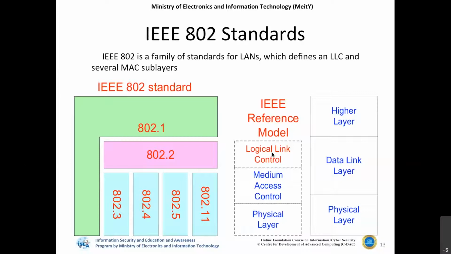These standards are mostly on the physical layer, and of course 802.2 logical link control comes in. It is attached to the data link layer, and all together they are defined across the higher layers as well. In the data link layer, mainly there is media access control, and then the physical layer.